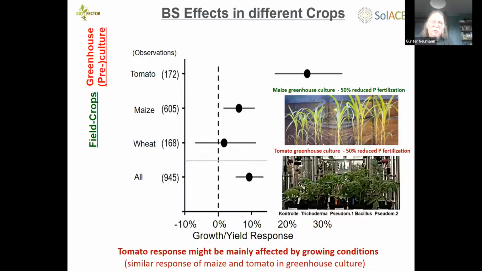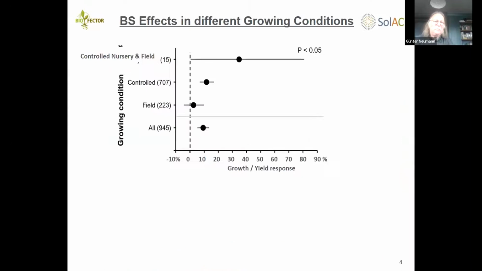Doing experiments under controlled conditions with the field or the greenhouse crops frequently revealed positive effects in both cases, which points in the direction that particularly the growing conditions may have a particularly big influence in this context.